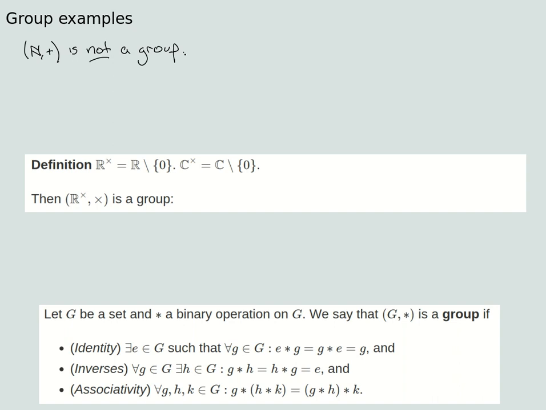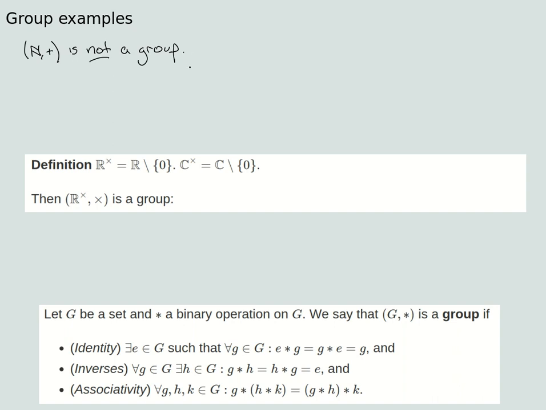So the problem there is not the identity axiom. It does contain an element which satisfies the identity axiom, namely 0. So for the same reason that 0 served as an identity element for the integers under addition, it would also be an identity element for the natural numbers under addition. So that's not the problem, but the problem is inverses.